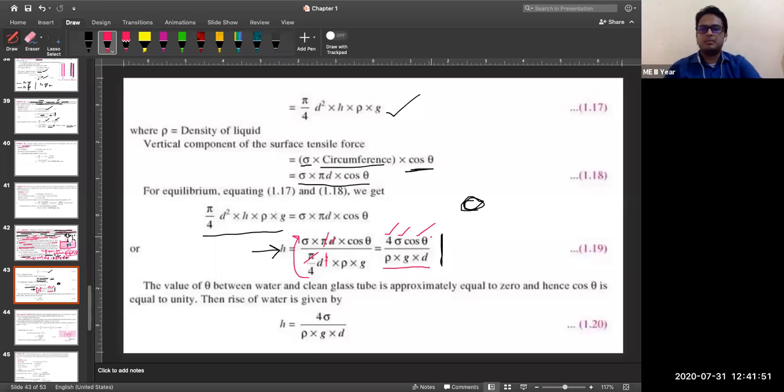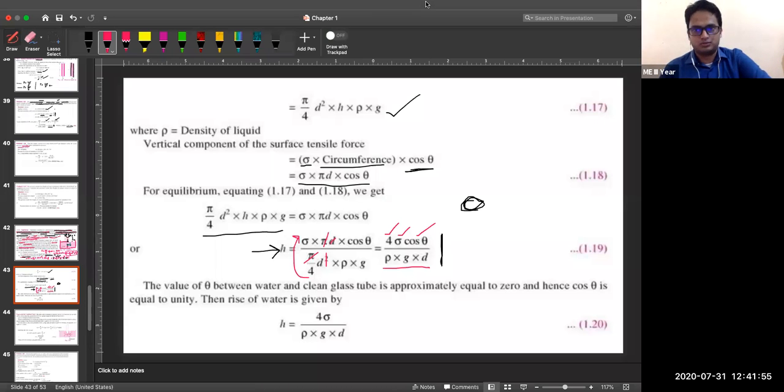This is a very important formula for your competitive examination also. We have a vast syllabus in fluid mechanics. You have 6 units, but from the competitive examination point of view, very few questions will be asked from turbines. From fluid mechanics, they usually ask questions from fundamental units like unit number 1 and unit number 2.